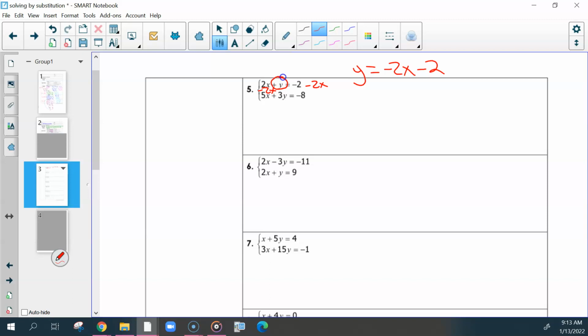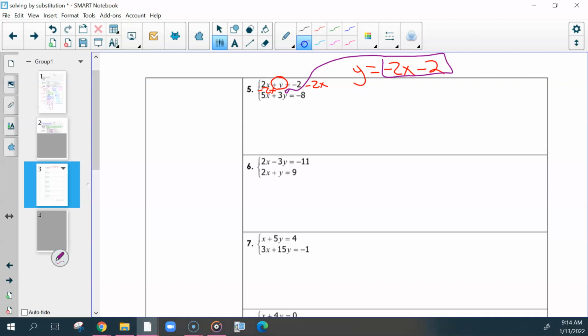Now we have an equation where y is by itself. Now we can take that equation and substitute it, or the expression, into the other one. The box and the arrow is not necessary. I'm just trying to show you where it goes.